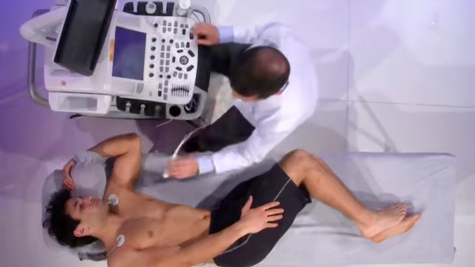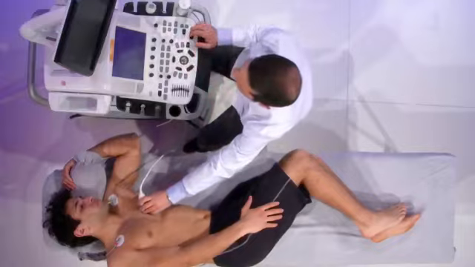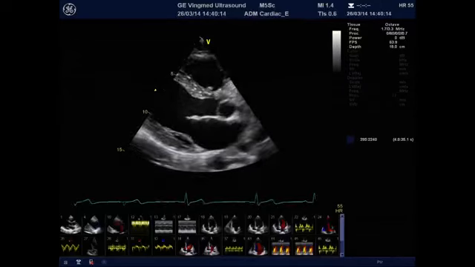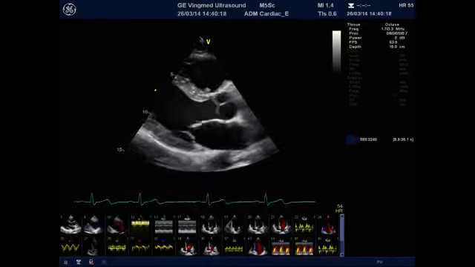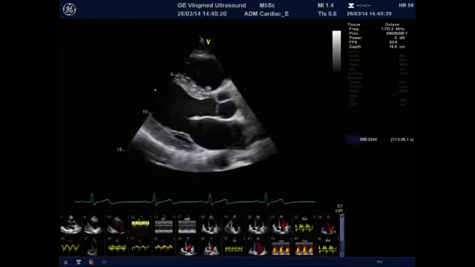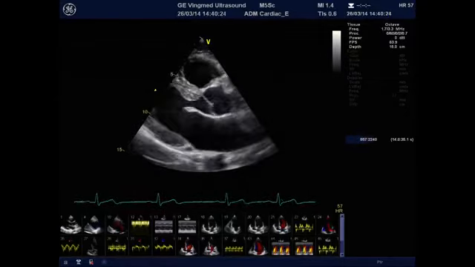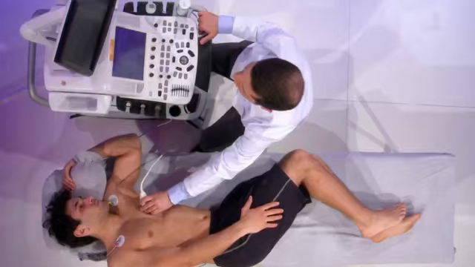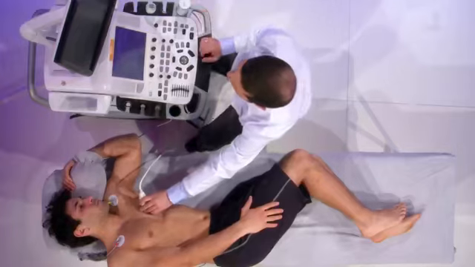So the examination will start by looking at the structure of the heart and by assessing important parameters such as the mass of the left ventricle and the size of the left atrium, because these structural changes support very much the diagnosis of left ventricular diastolic dysfunction when they are increased.